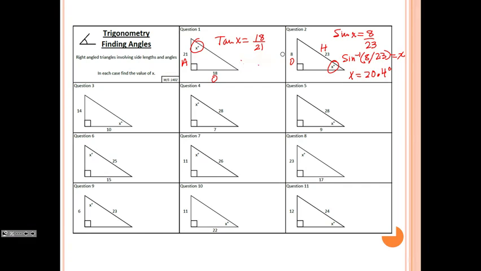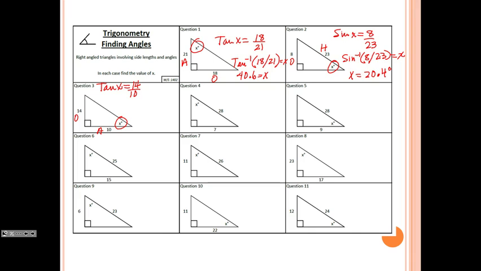I should have written this out for you guys here. Tangent -1, 18 divided by 21 is x, and we got x equals 40.6. Okay, sorry about that. All right, here we go. Beginning, we've got opposite and adjacent. That's going to be tangent. Tangent x equals 14 over 10.